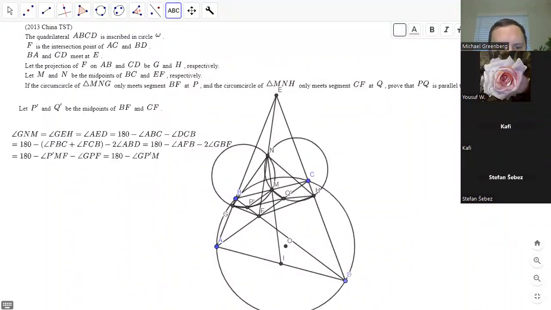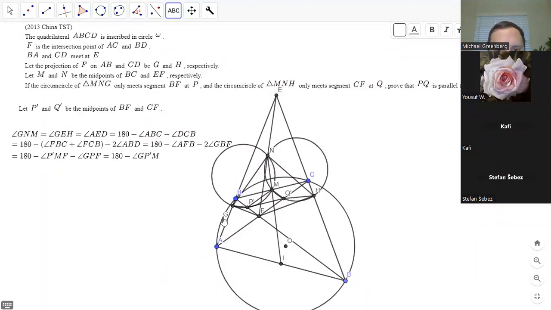And then we have GNM equals GEH. That's because it's half of GNH, which is GEH, because that's cyclic.